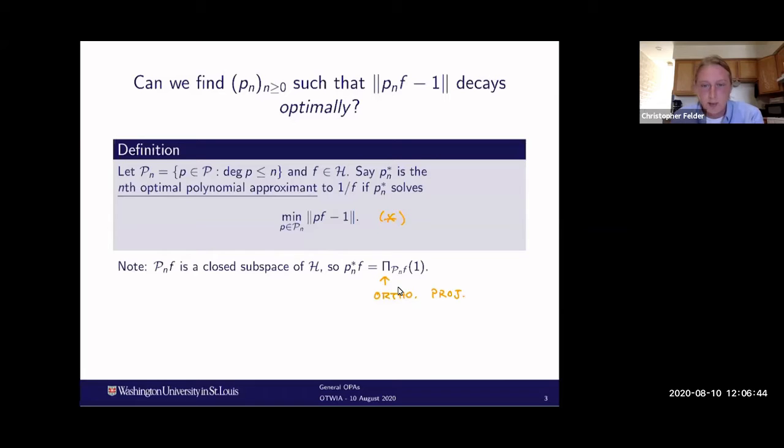I'm going to use this capital pi to always mean orthogonal projection, and the subscript is the subspace onto which I'm projecting.